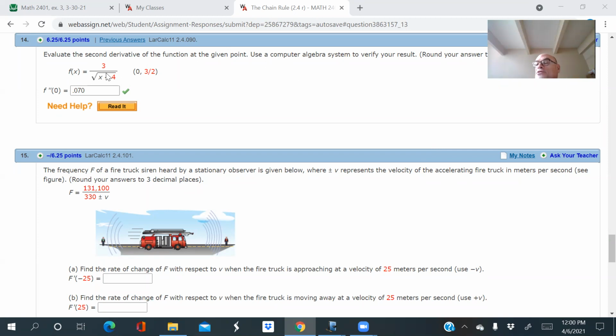I don't ask you to evaluate those second derivatives, I just want the formula. An example like this would be 9D, which is finding a second derivative of a cube root, so it's a little bit similar to this problem.